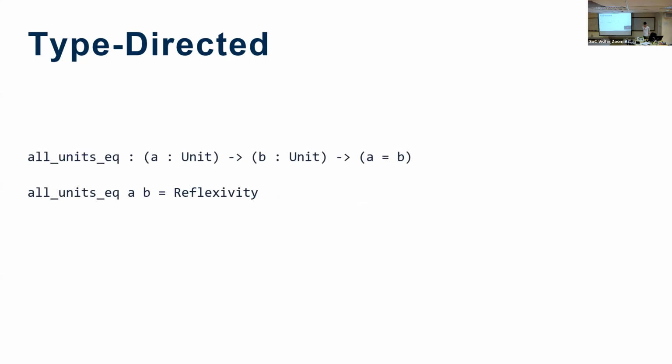So, using our new type-directed judgmental equality, we can do this proof. This is a function that takes two units, and it outputs an equality proof that A and B are equal without even looking at what they are. So in the type-directed version, this type checks. It's green. It's great.